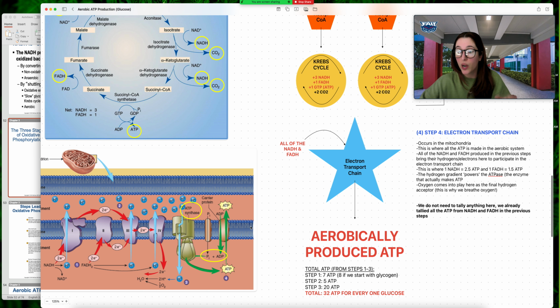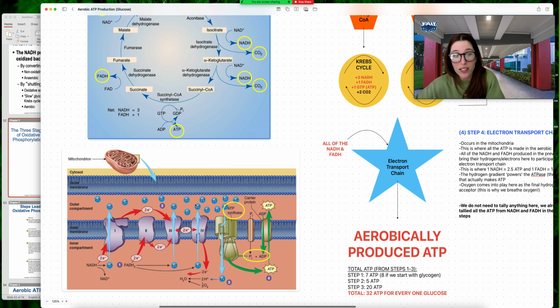So this is where all of the NADH and all of the FADH that we produced and all of the other steps bring those hydrogens. Remember, they're little hydrogen carriers participating in oxidation and reduction. They're dropping their hydrogens off and picking it up in other places. So this electron transport chain is where all of the NADH and FADH that we produced in the other steps come along, drop off their hydrogens to create this hydrogen gradient.